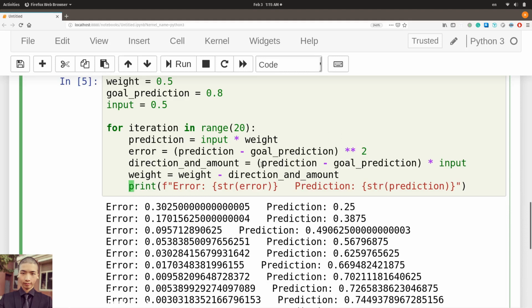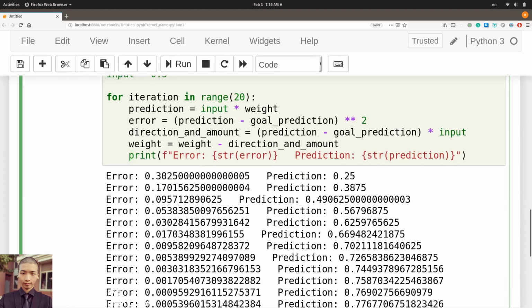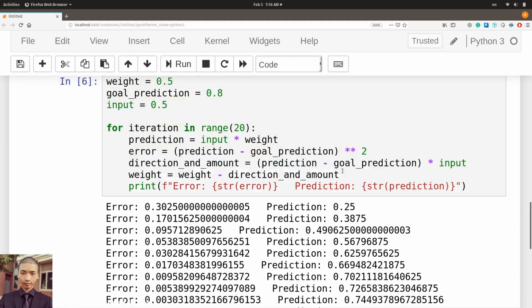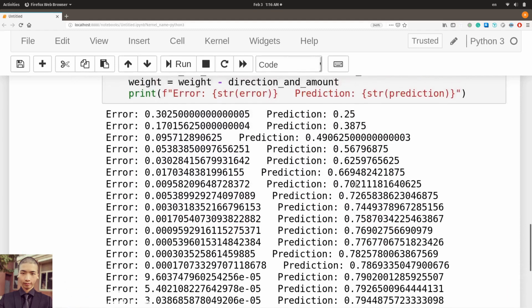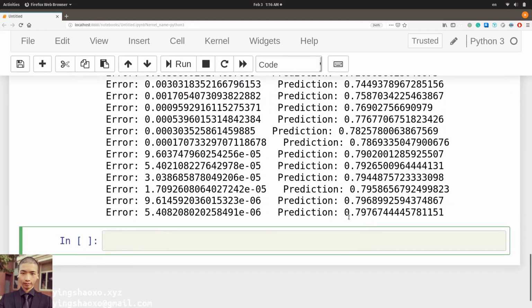Direction and amount equals the prediction minus the goal prediction, times the input. The weight equals the weight minus the direction and amount. If we execute this code, you'll see the prediction will eventually go to some value near 0.8.